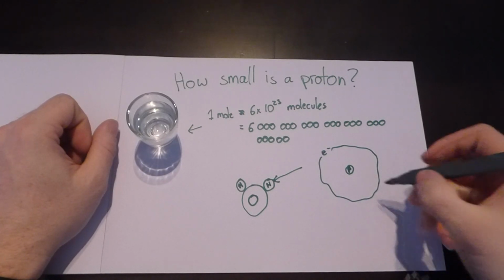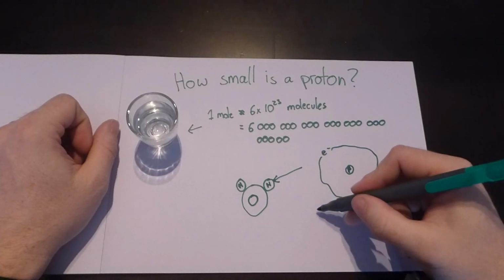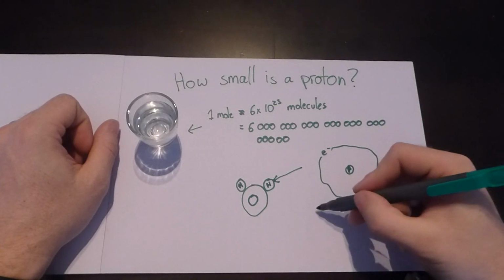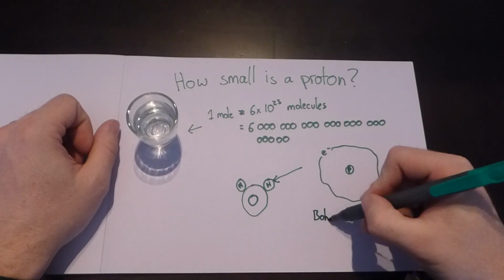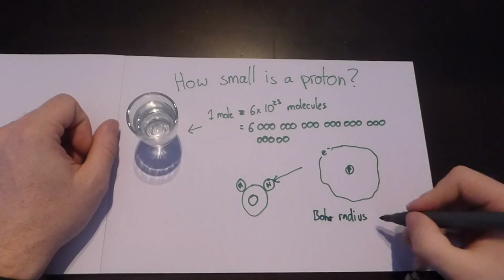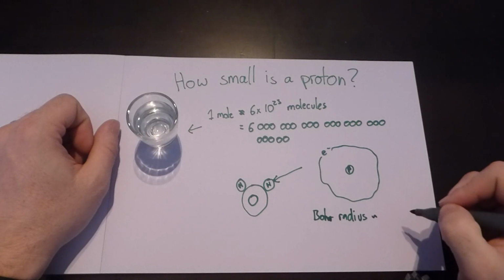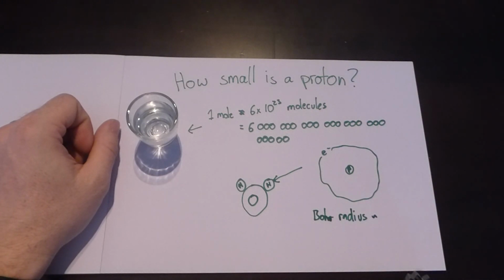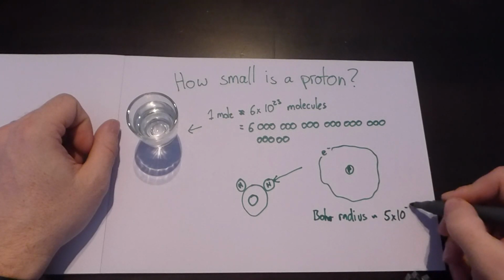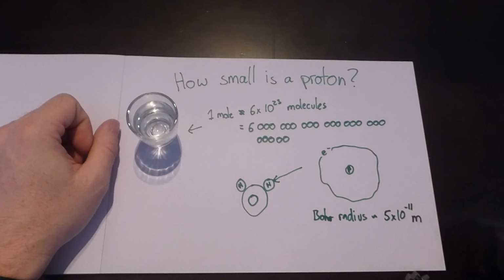So what are the sizes here? Well, the size of the hydrogen, the whole atom, the radius of that is roughly the Bohr radius. It's a bit difficult to talk about exact sizes on this scale, but the Bohr radius is about, let's say, 5 times 10 to the minus 11 meters.